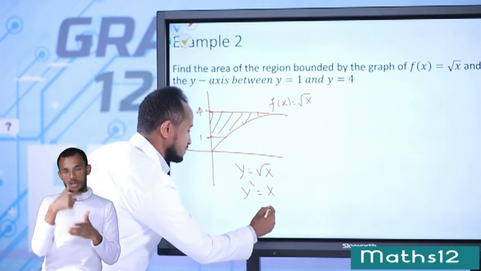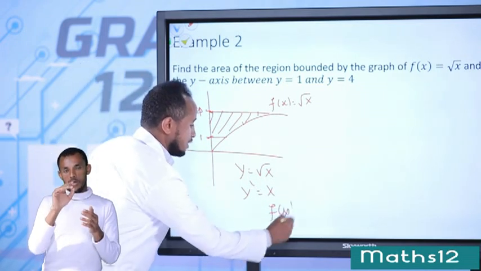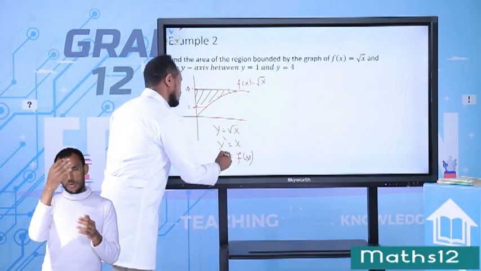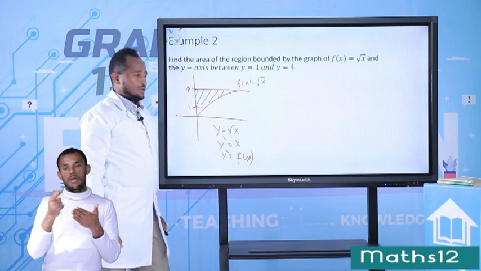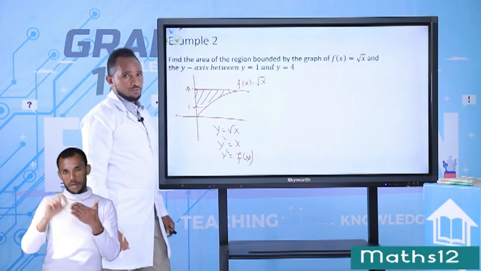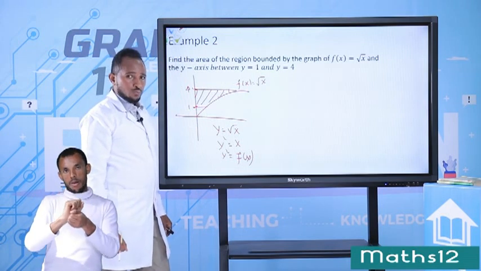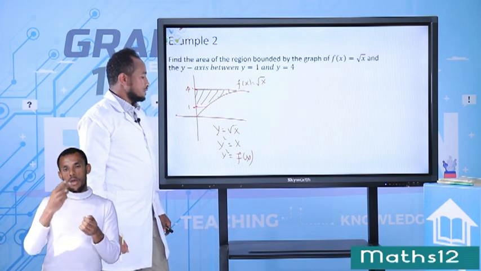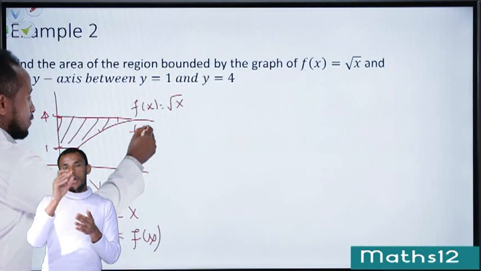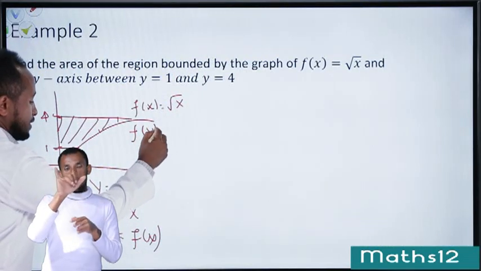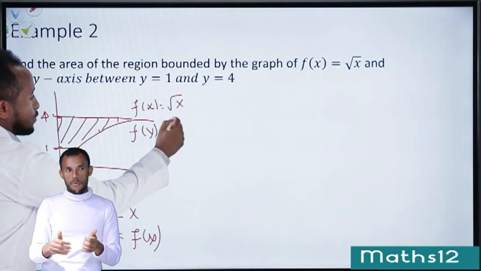Therefore, x, which is f of y, is equal to y squared. So instead of writing this function in terms of variable x, you write it in terms of y: f of y is equal to y squared.